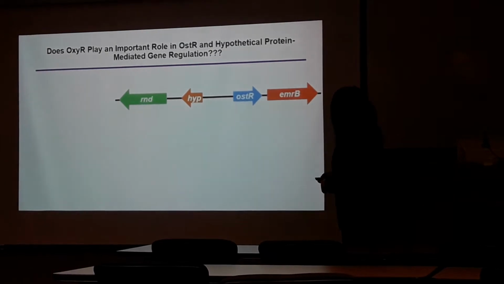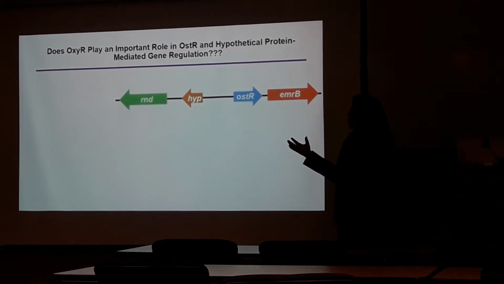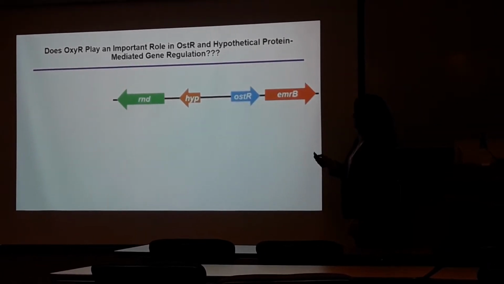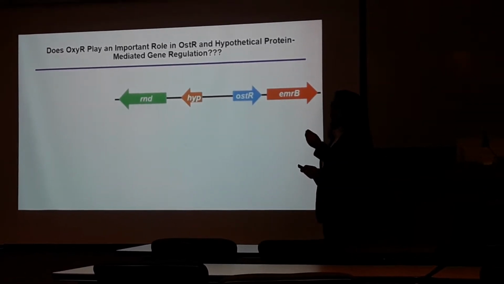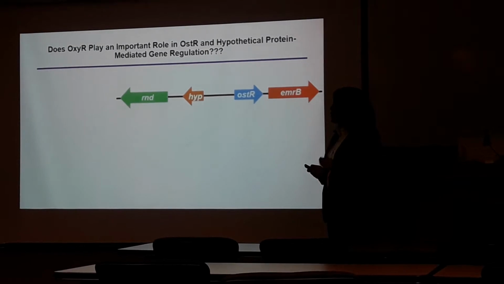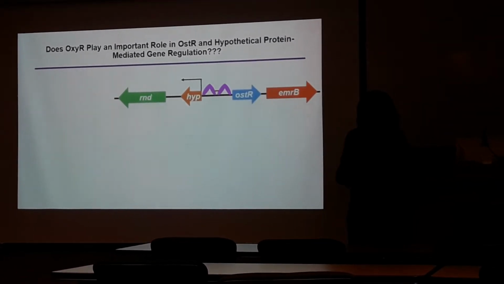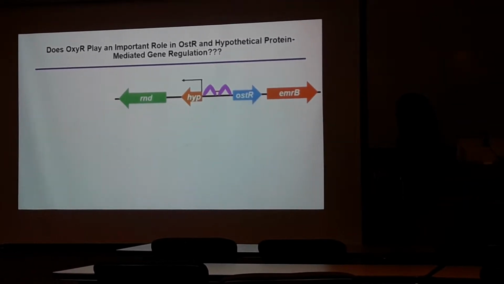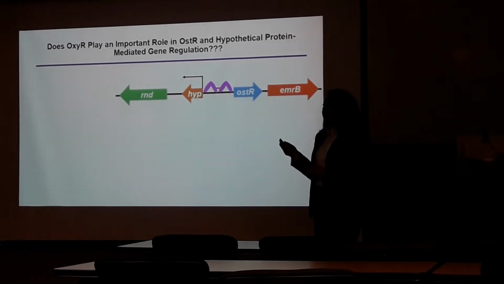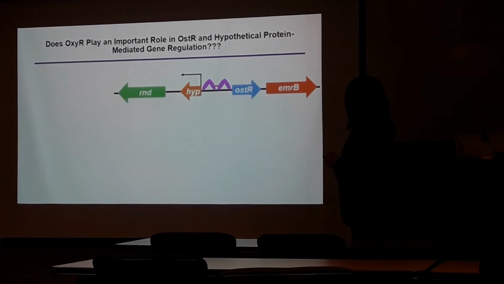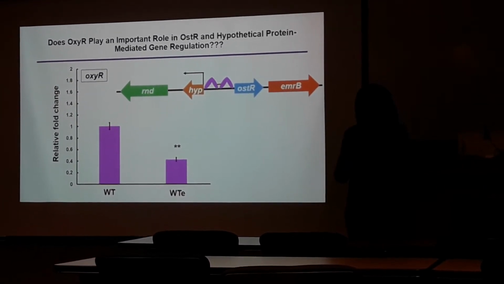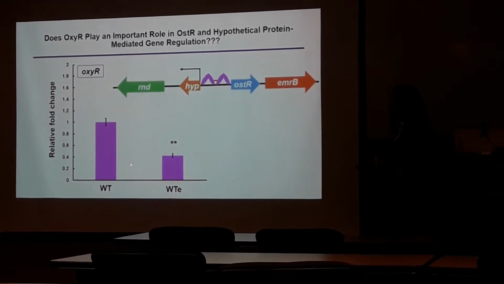Now, last but not the least, many of you have heard about a very famous transcription factor, OXYR, that responds to oxidative stress and regulates different genes, right? In another study, it has been found that OXYR is the transcription activator of HIP, our gene of interest. And we determined that a sublethal dose of gentamicin represses OXYR expression.